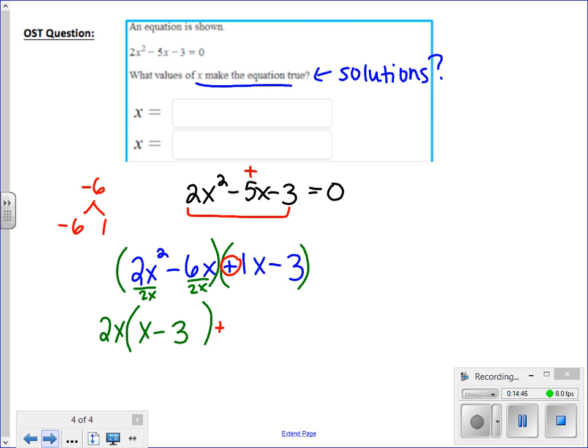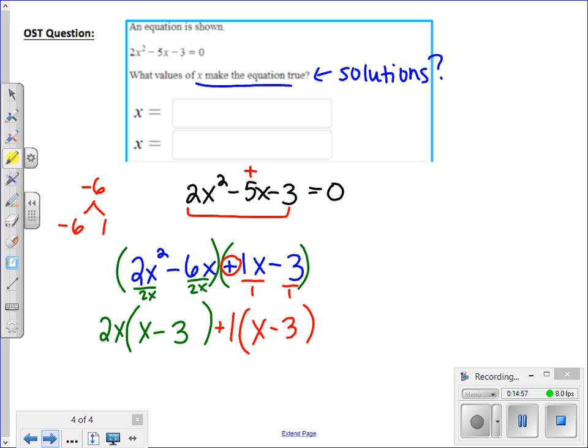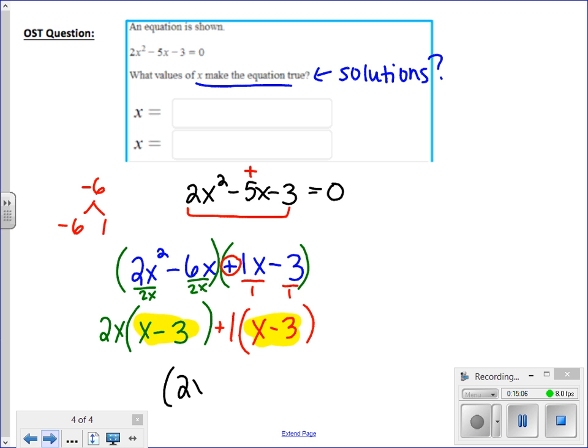And the only thing that the 1x minus 3 has in common is a 1. So if I divide everything by 1, I'm still left with x minus 3. As always, I'm going to highlight that the x minus 3 and x minus 3 is really important. That allows me to write my fully factored form as 2x plus 1 times x minus 3.